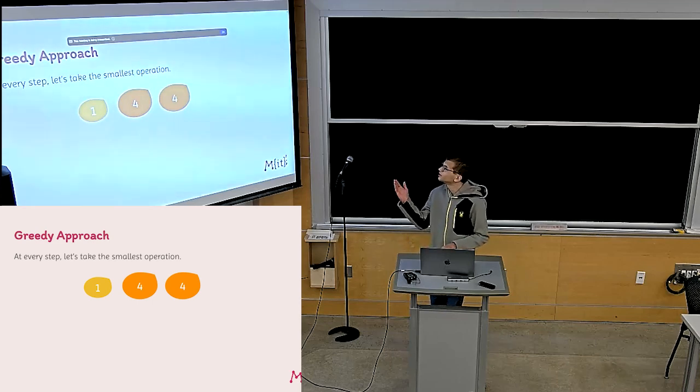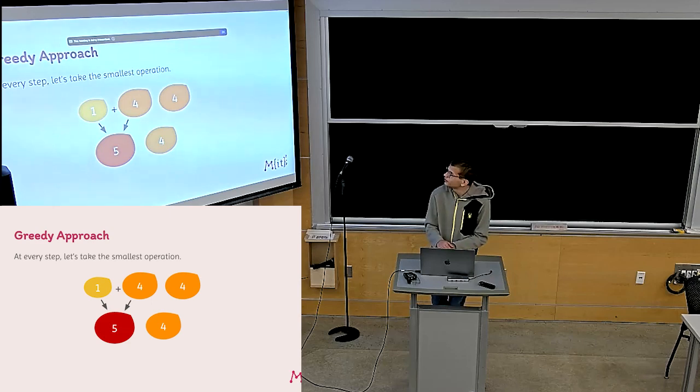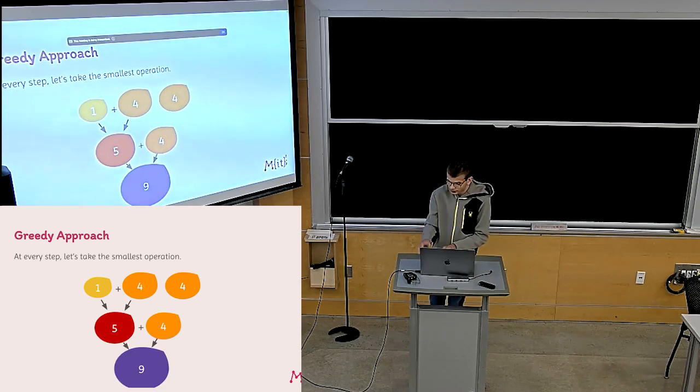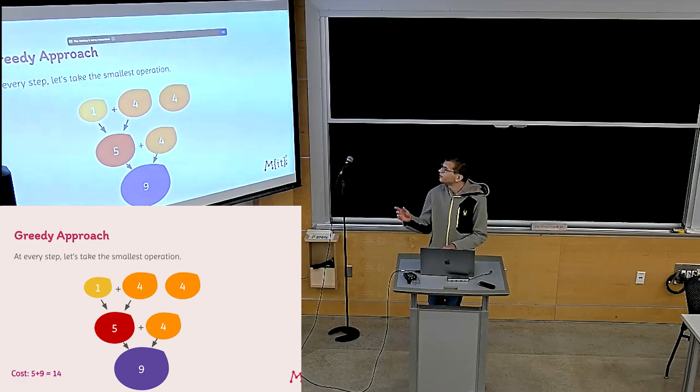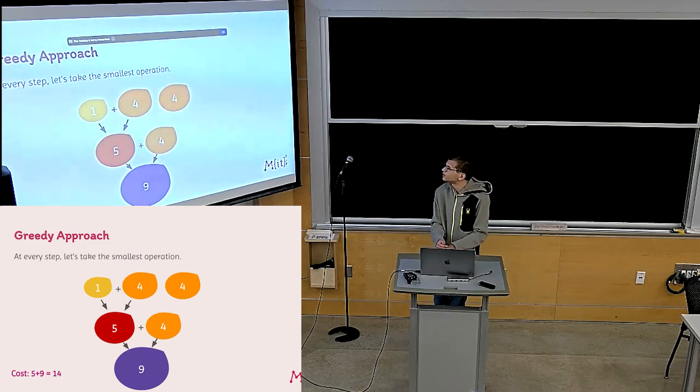So for example, in this case we would try to merge the 1 and the 4 first, which gives us a 5, and then we merge the 4 and the 5, which gives us a 9, and the total cost of this is 5 plus 9, which is 14. And for this specific sample, that is in fact optimal.